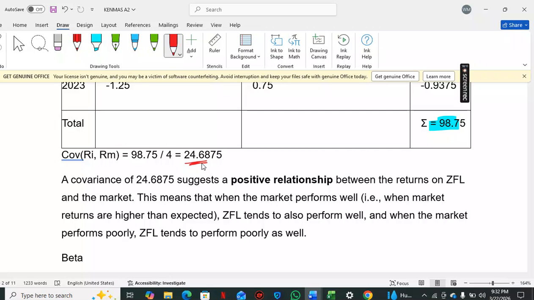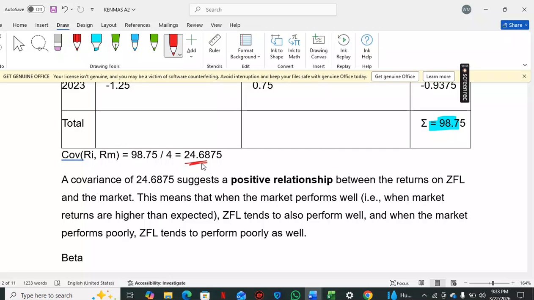So this positive number tells us that ZFL and the Lusaka Securities Exchange move in the same direction. If one increases, the other one will also increase. If one drops, the other one will also drop.